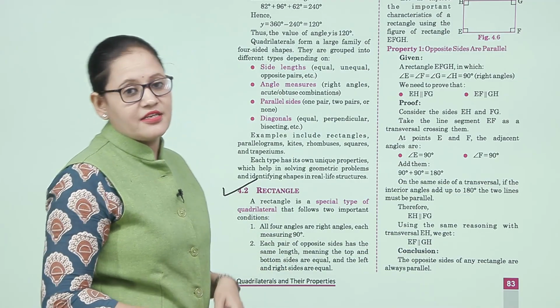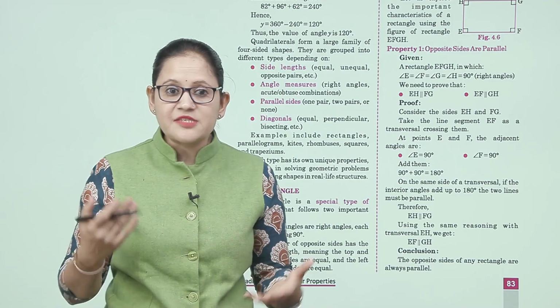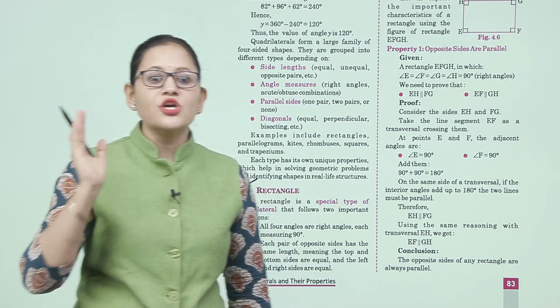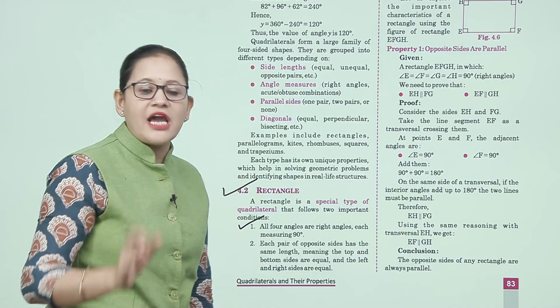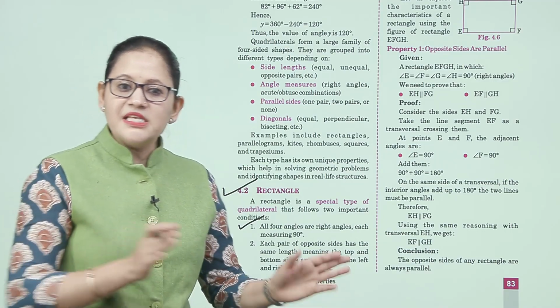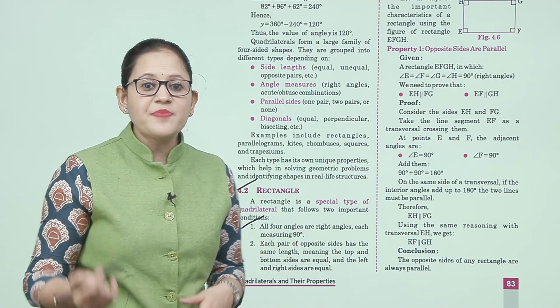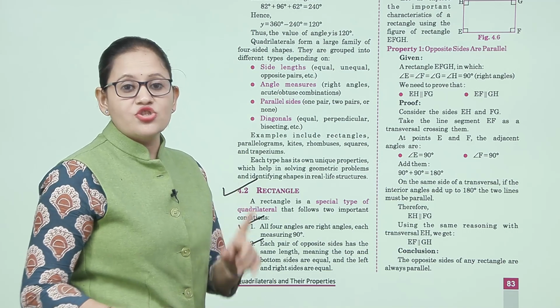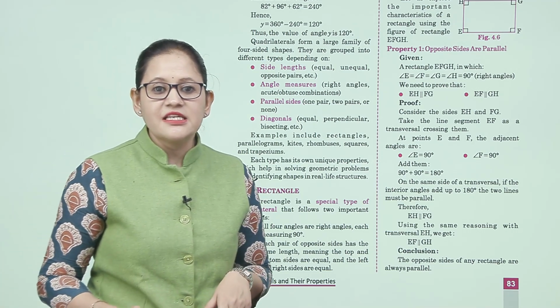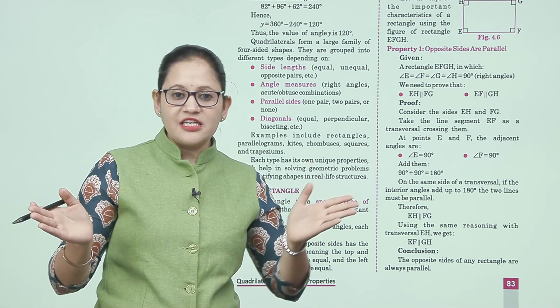First is the rectangle. A rectangle is also a quadrilateral. It is a special kind of quadrilateral that follows two important conditions. What are these conditions? All four angles are right angles, each measuring 90 degrees. Each pair of opposite sides has the same length, meaning the top and bottom sides are equal and left and right are equal. Clear?